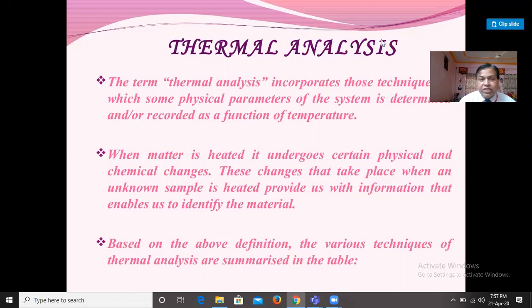Dear friends or students, here we are studying an analytical technique which is based on thermal analysis.